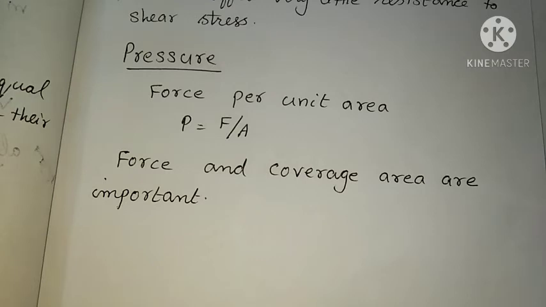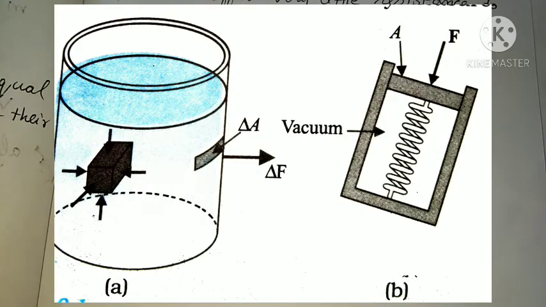Then what do you mean by the pressure on fluid? For example, you look at this figure. Here an object is immersed in a fluid at rest. The fluid exerts a force on its surface, and that force is always normal to the object surface.